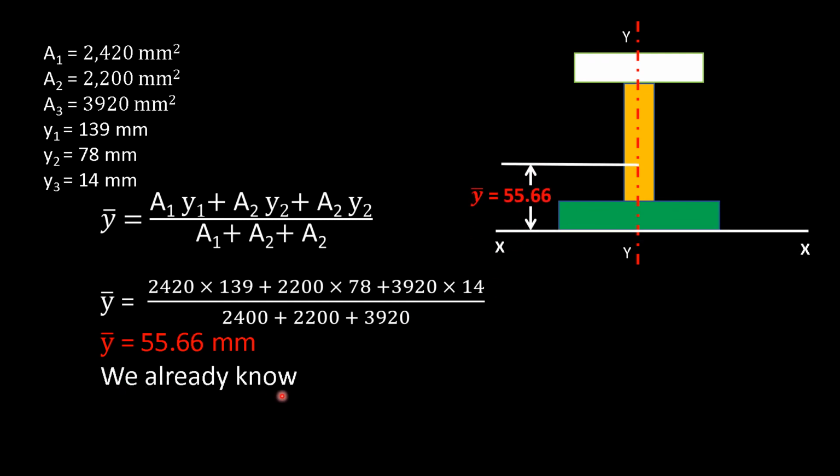We already know that since the section is symmetrical about vertical y-y axis, x bar equals 0. So we get G as 0, 55.66, which is the position of the centroid G here.